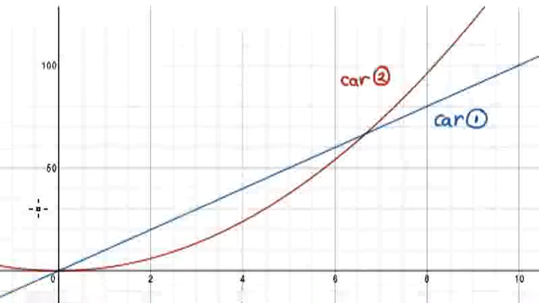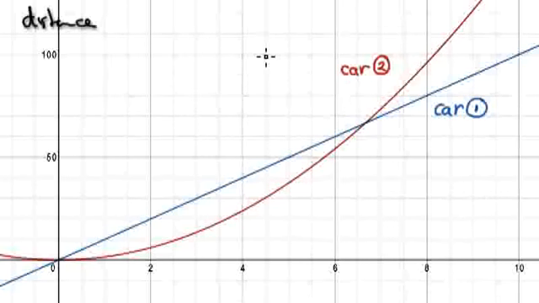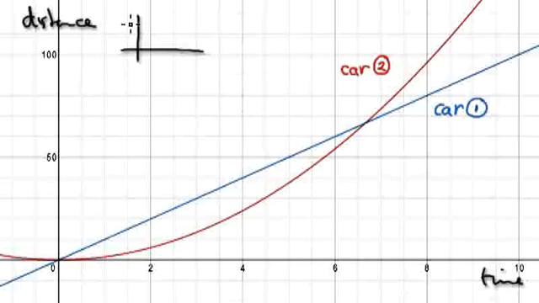Let me clear this. So this is a graph of distance, and this is time here. Remember, with car 1, inside your mind, the acceleration for car 1 is 0.